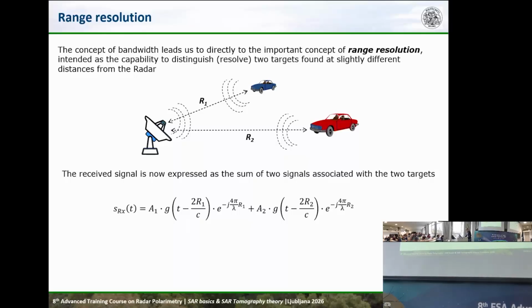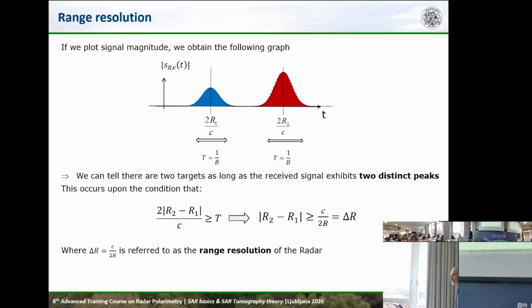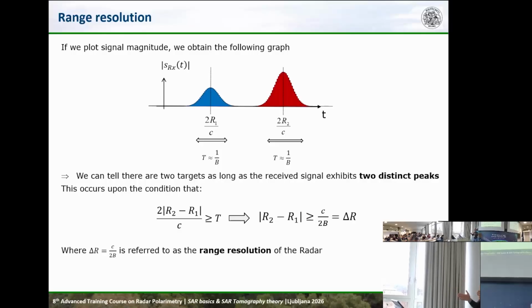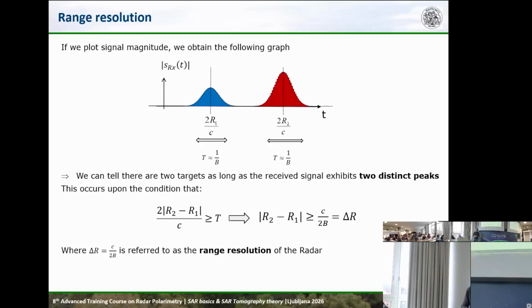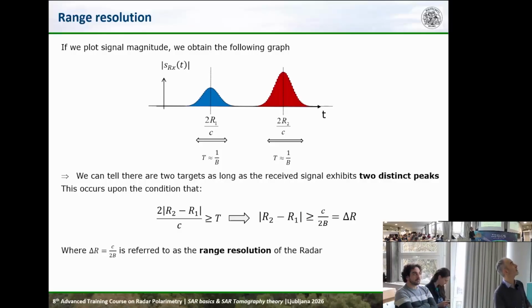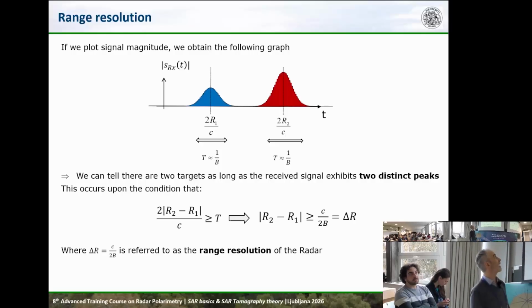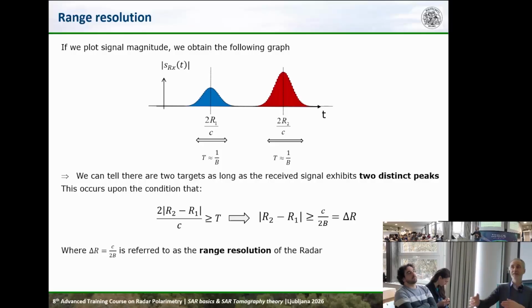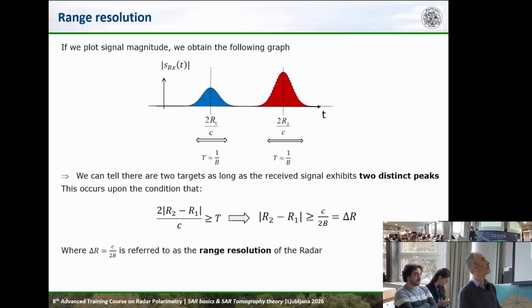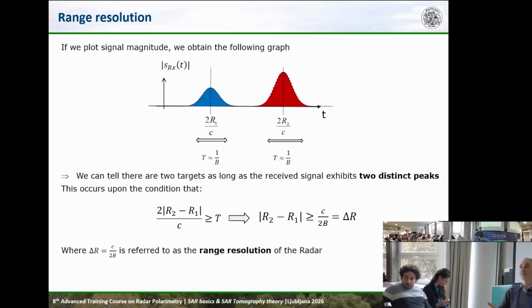And how can we know that there are two cars? Well, let's say if I take a look at the magnitude of the received signal and I see something like this, so I see the two peaks. At this point, I can say, okay, there is a first target at distance r1 with some amplitude, and then there is another target at distance r2 with a bigger amplitude.